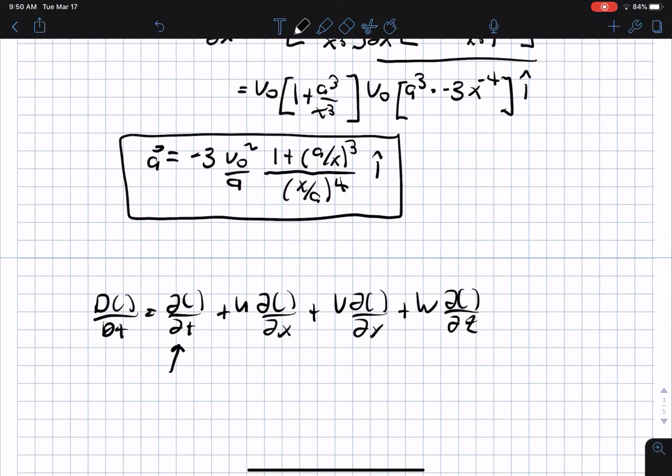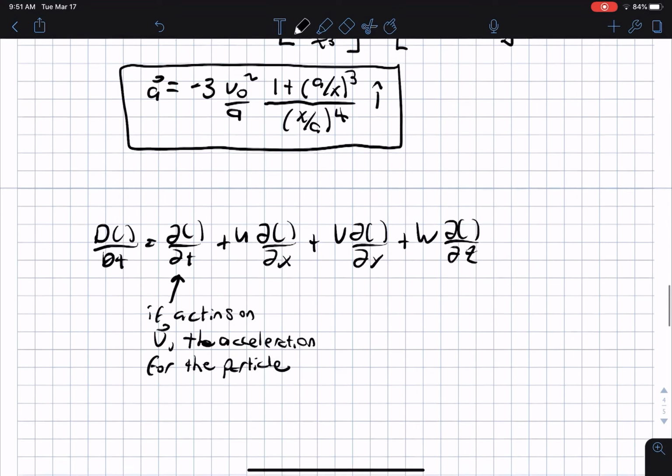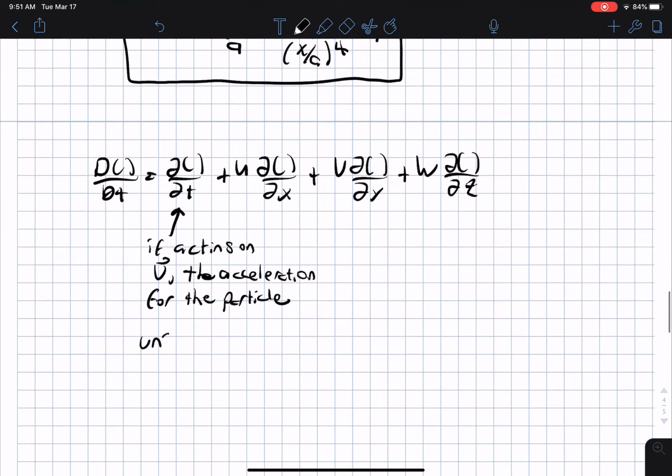This here, if acting on v, is the local acceleration of the particle. Okay, and this is also called the unsteady term.